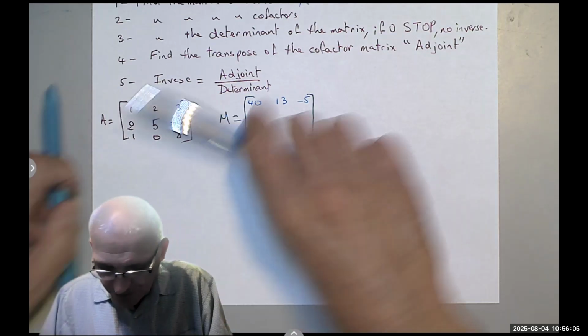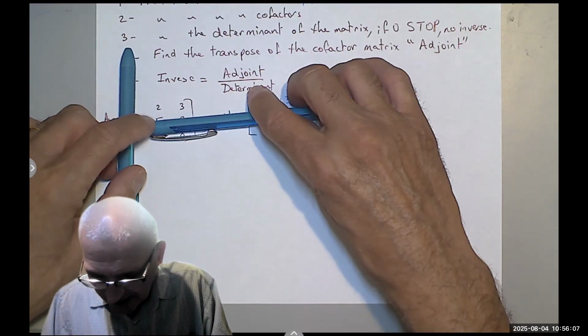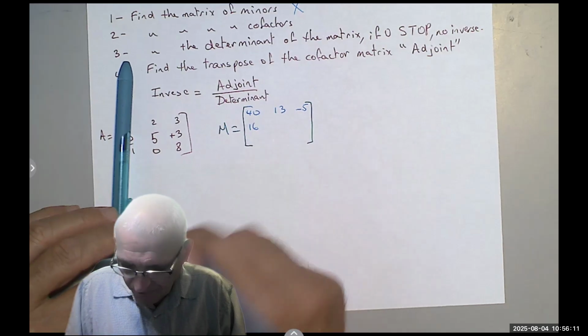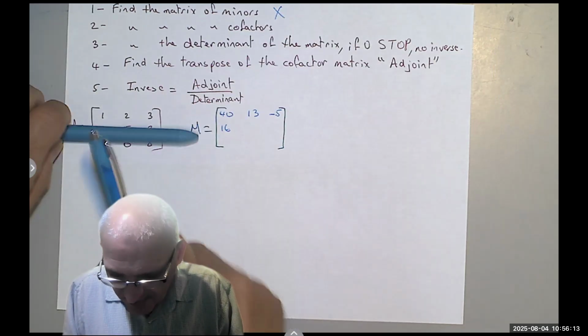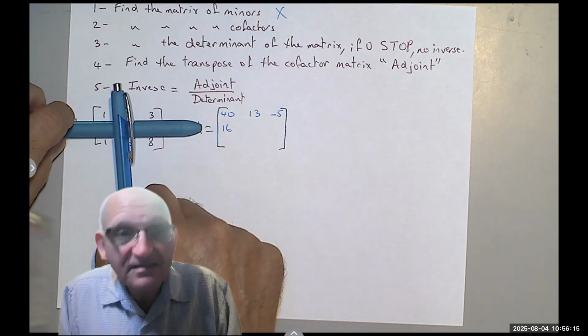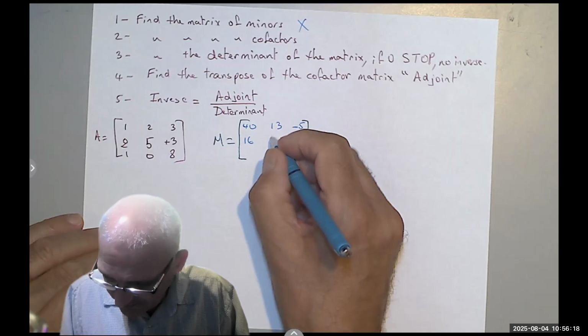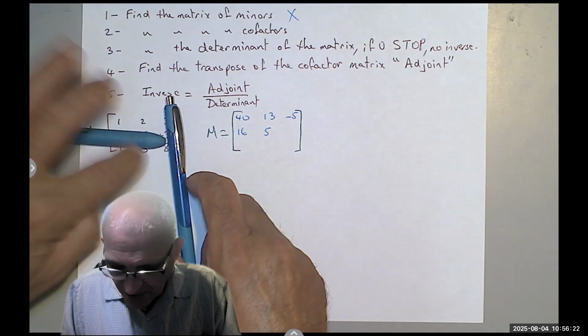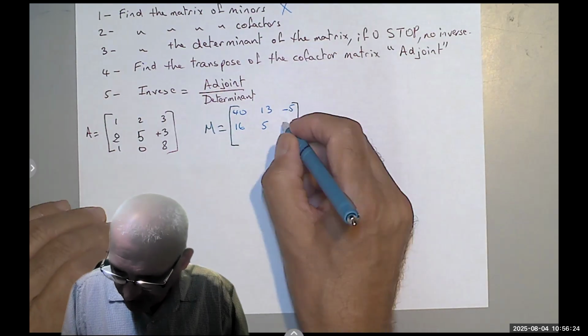Then for the 2, 2 times 8 is 16, minus 0 is 16. For the middle number, 1 times 8 is 8, minus 3 is 5. For the 3, 0 minus 2 is negative 2.